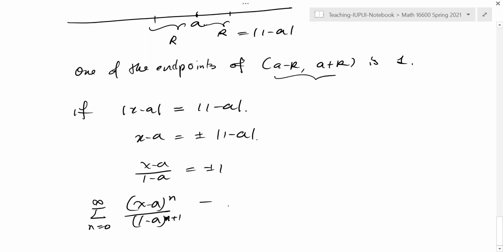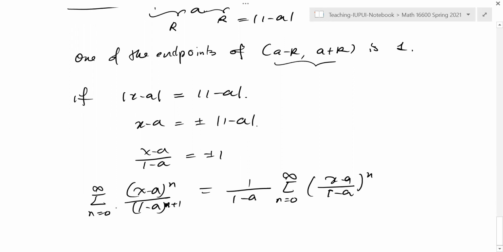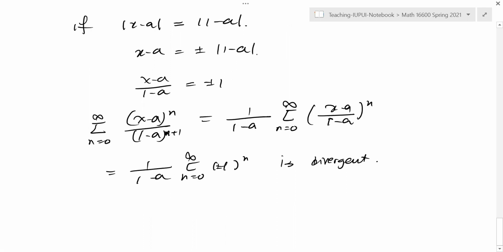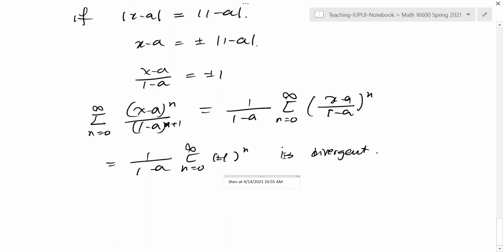Right, so you will see that it's plus minus 1. So clearly it's divergent. Doesn't matter whether it's positive one or negative one. So for this particular power series, it is convergent only on this open interval.